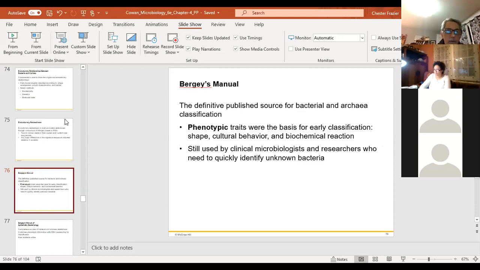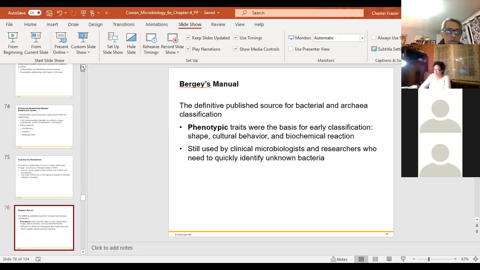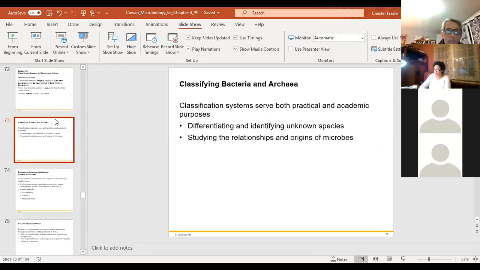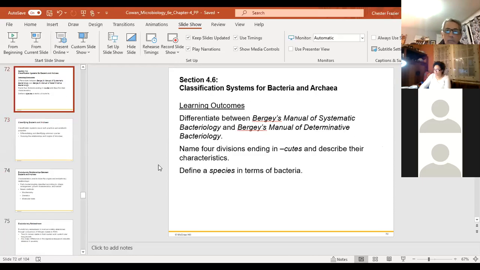So there's the two, we'll talk about these manuals, the Bergey's Manual of Systematic Bacteriology and the Manual of Determinative Bacteriology.